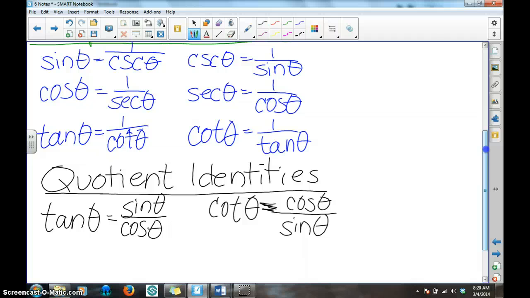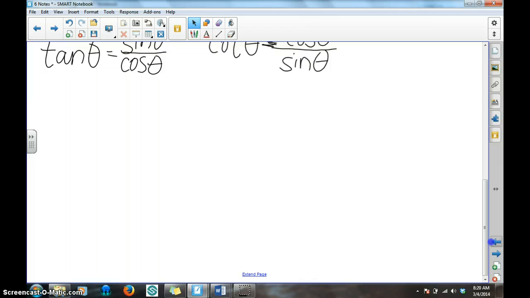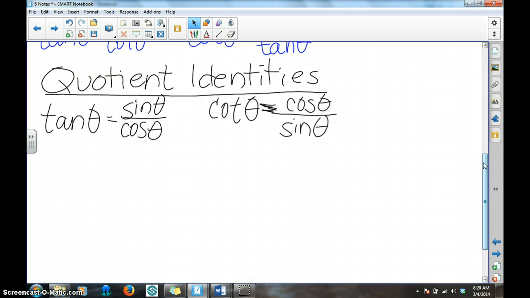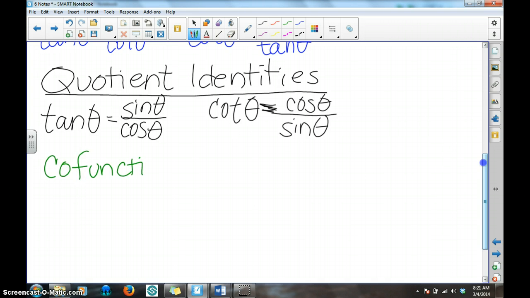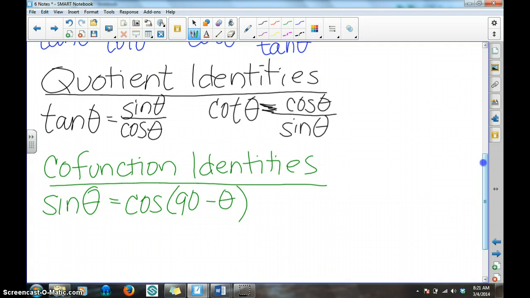You got it? The last set of identities that are not commonly used for substitution, but they can be if you need to be, are your co-function identities. The ones you did last block for homework. And I'm only going to write them out one way, but please remember they can be written in the reverse order, which is to say, I could have put the 90 minus theta there, and I could have put theta here.